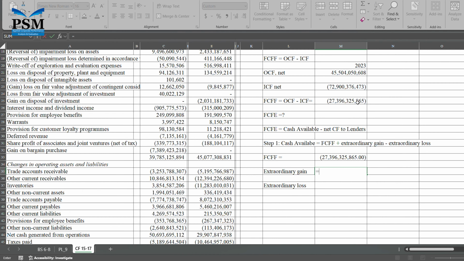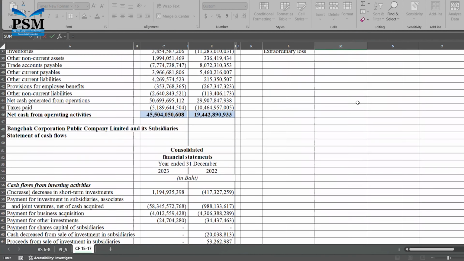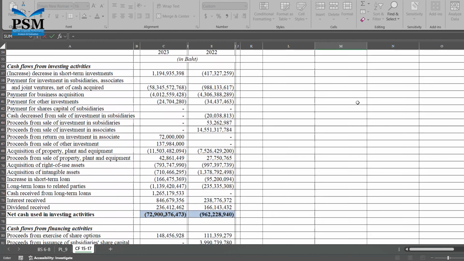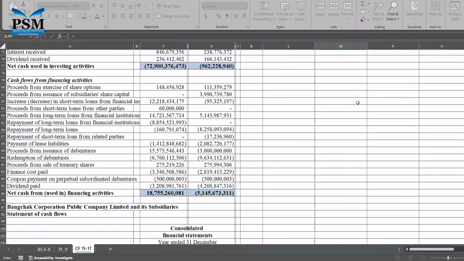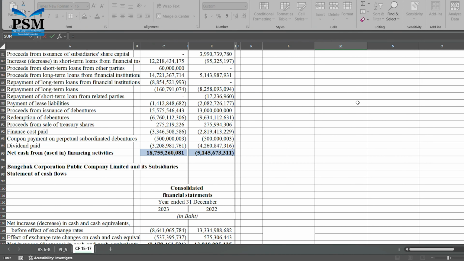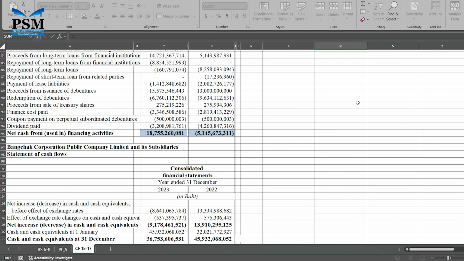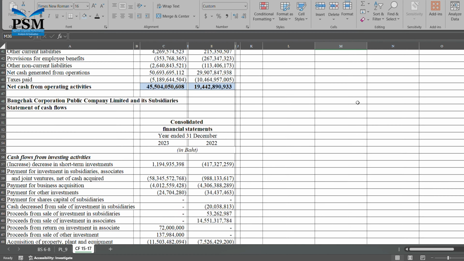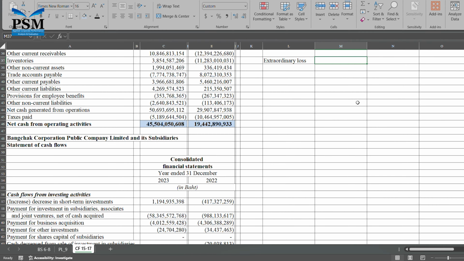Scroll up, go down to the last section of the statement of cash flow, and look for the term effect of exchange rate. It's on row number 107. The number is negative, which means loss. Since there is no gain, we enter 0. There is no extra gain in that year.